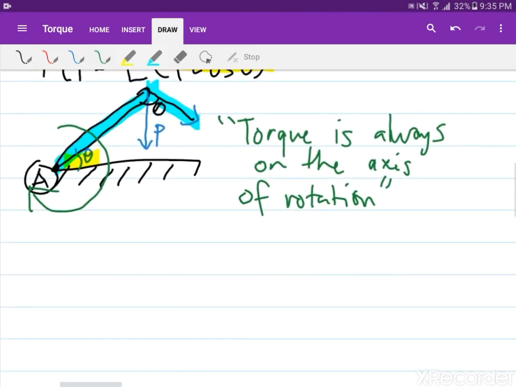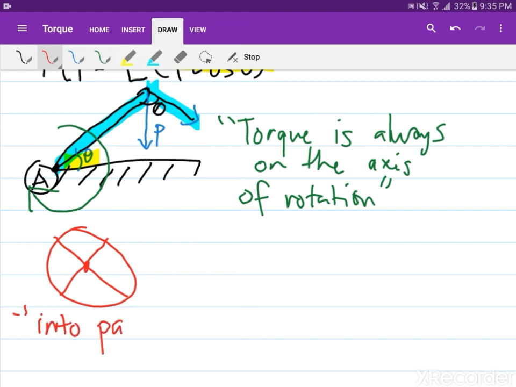So by using our right hand rule, if we curl our fingers into the direction of the rotation, we would determine that the torque is pointing into the page. Sorry, this is into the page. So it's like an arrow with a tail that is going towards the page.